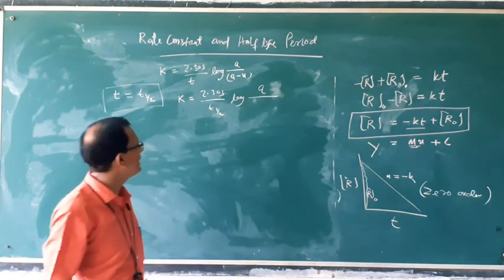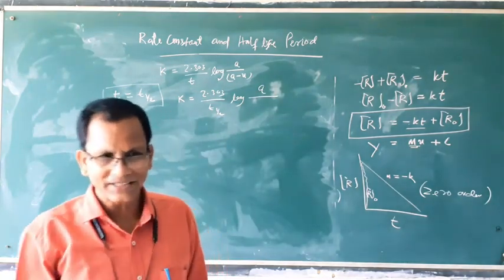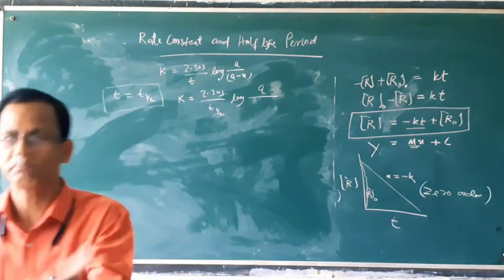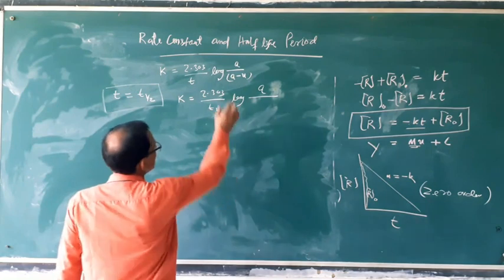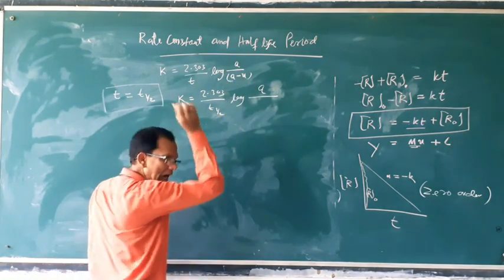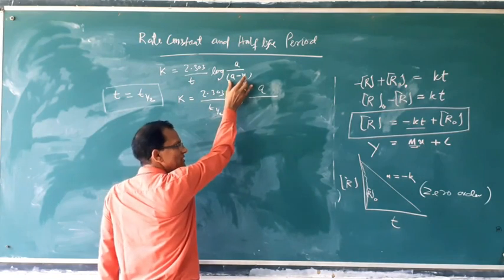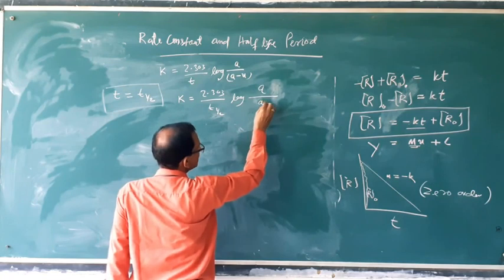What is the value of a minus x? When the time is t half, mass will be half. Mass half means a minus x will be half of the initial value. This is the mass left. That means how much mass is consumed? a by 2. So mass left is a by 2.